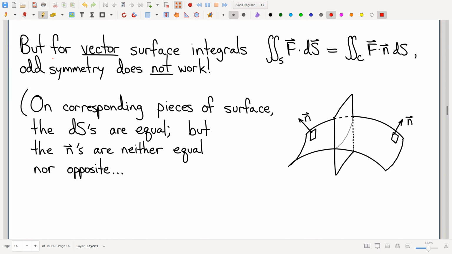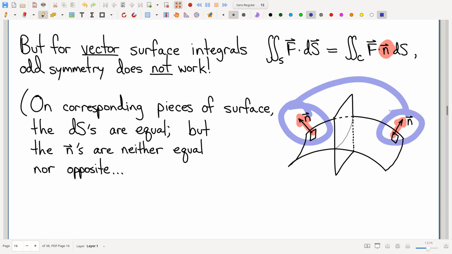If you have a vector surface integral, the problem is in these normal vectors. And you can see even if you have a perfectly symmetric surface, symmetric through a plane, and imagine every other bit of good fortune you could possibly imagine in the statement of the question, it remains that these two vectors, they're not the same. They're not negatives of each other.